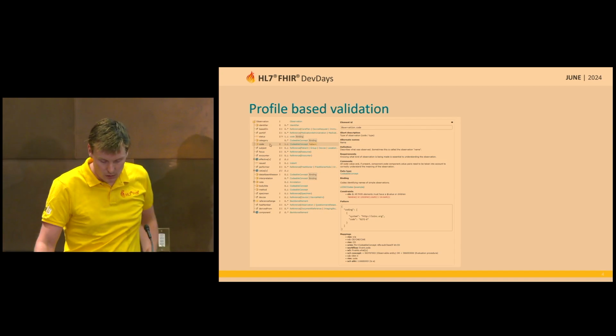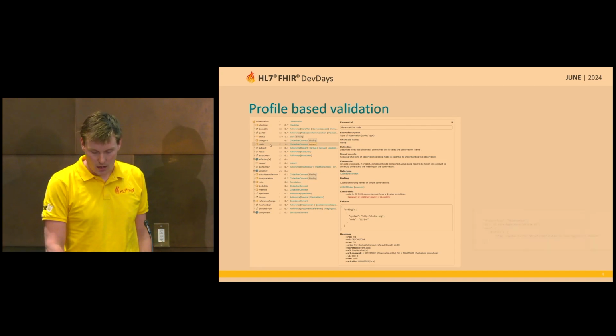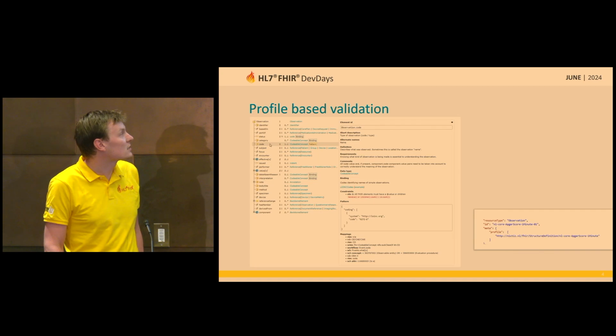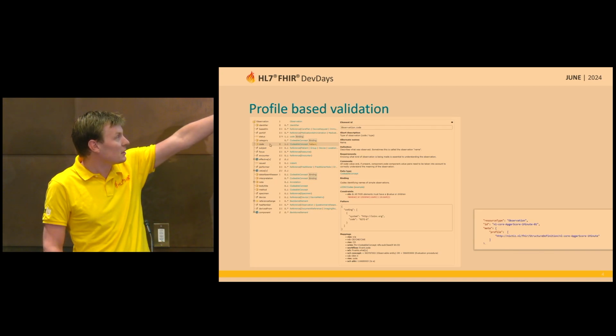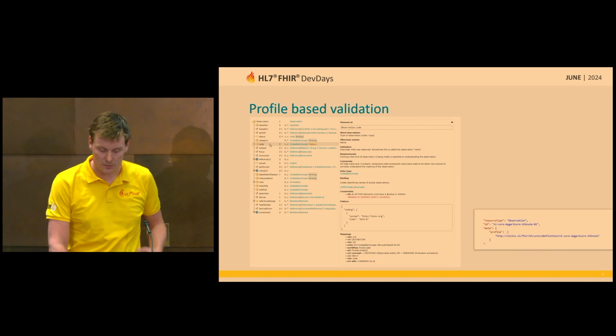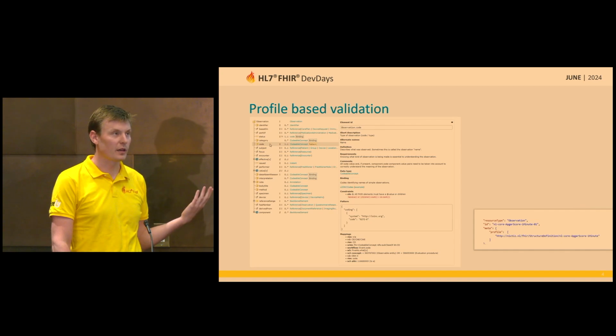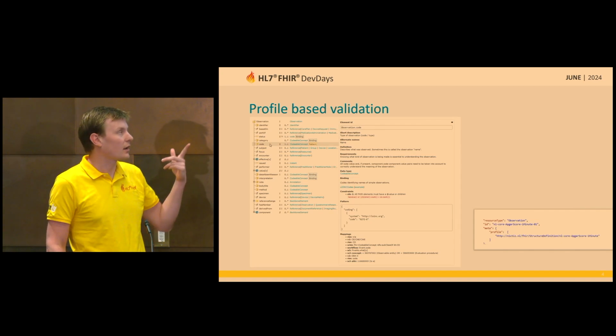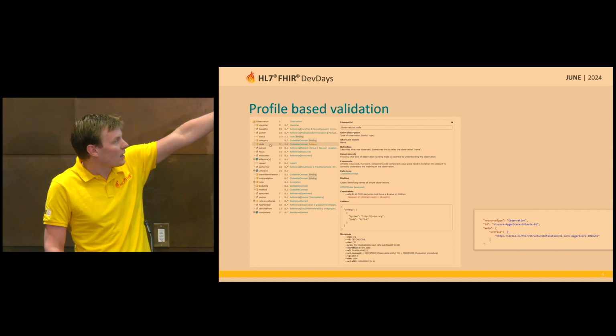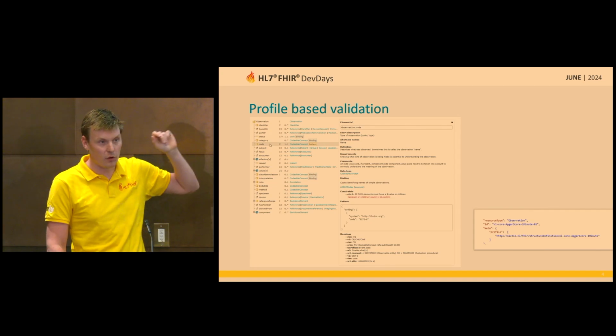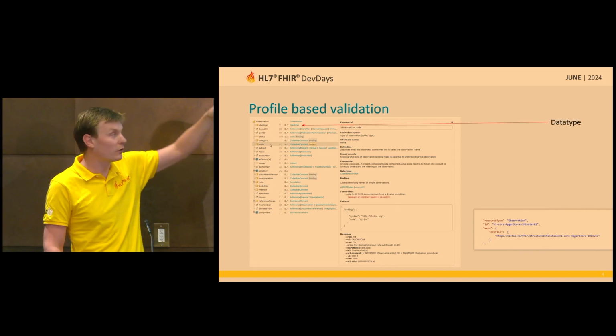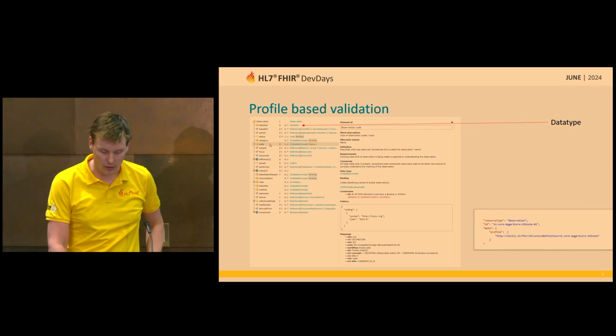I think this is a Dutch one. Doesn't really matter. And here is a small, really simple observation resource. And what a validator does, it will check, using that profile tag over there, if that resource actually conforms to the rules that have been defined on the left.